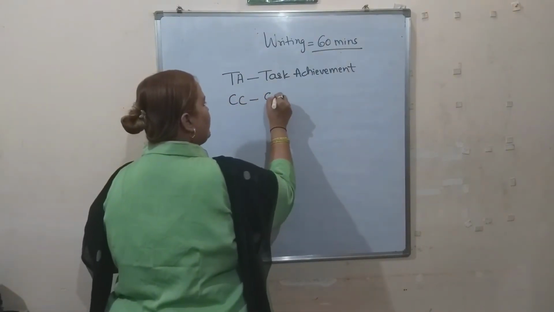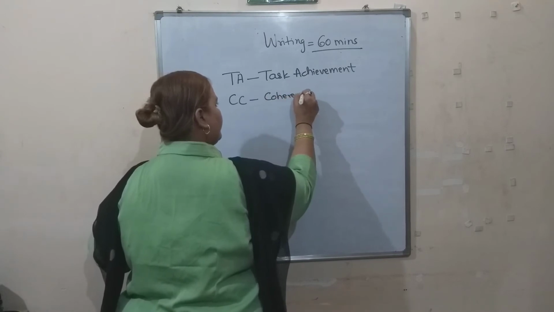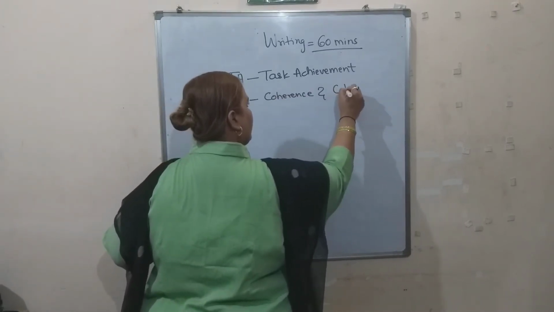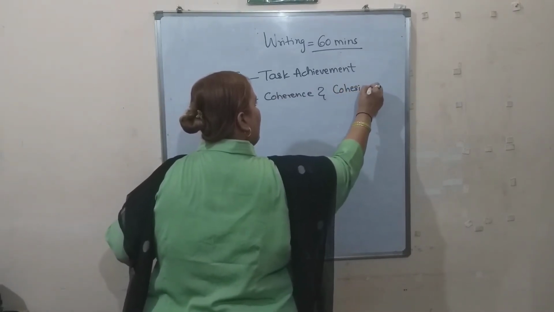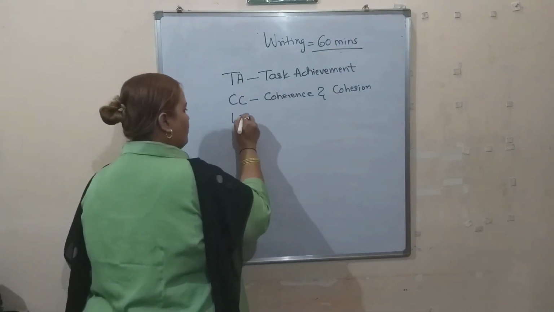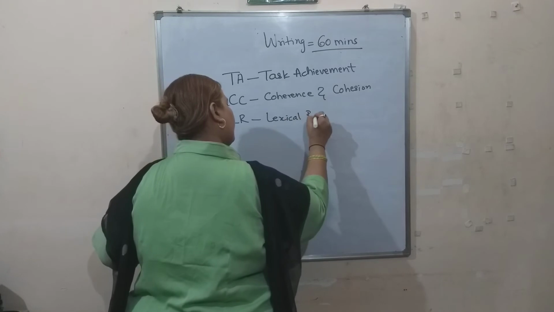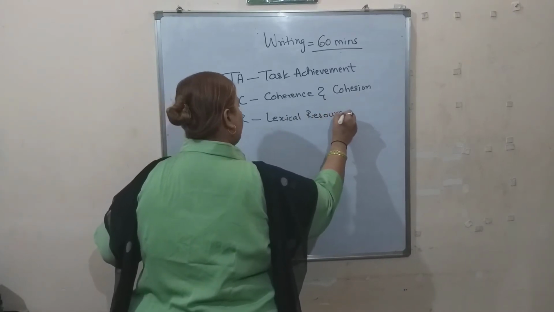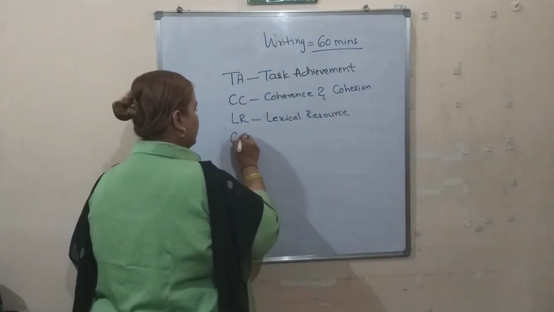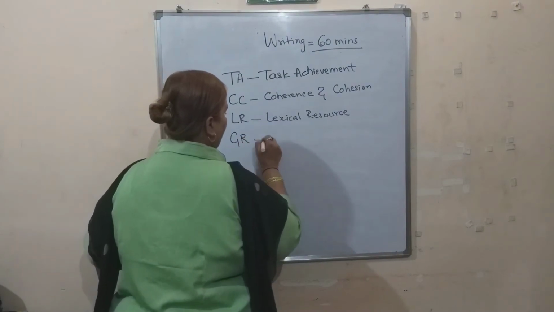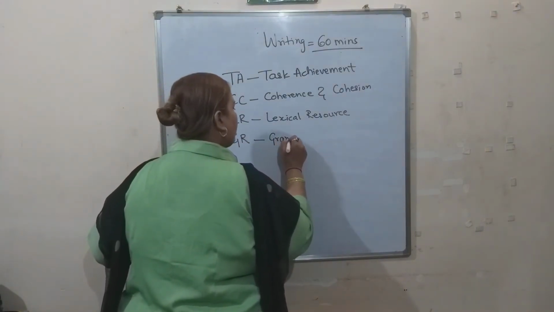Then CC, which is coherence and cohesion. After that, it is LR, which means lexical resources. And the most important is GR, that is grammar.